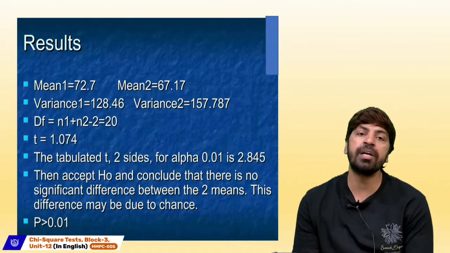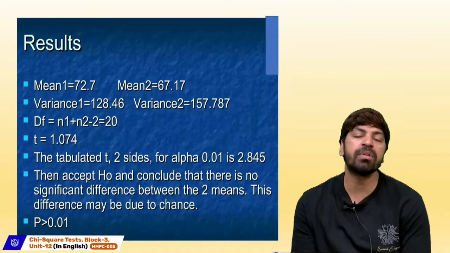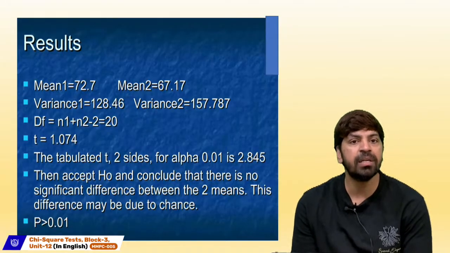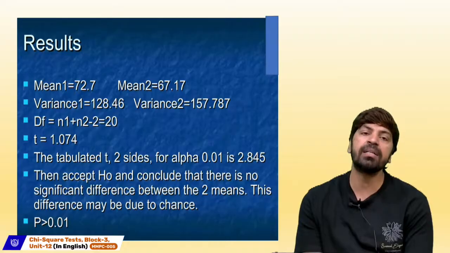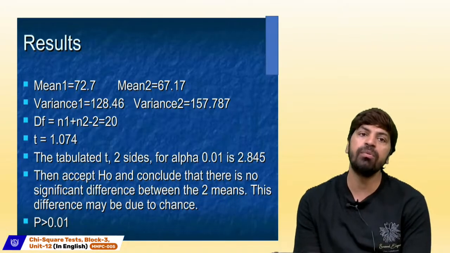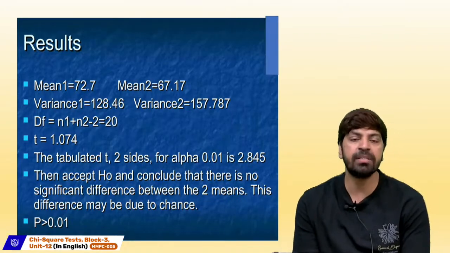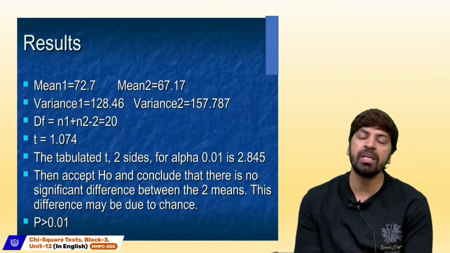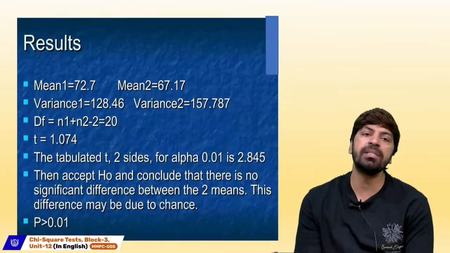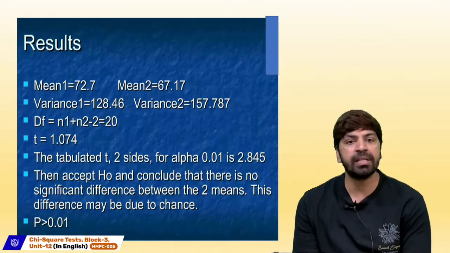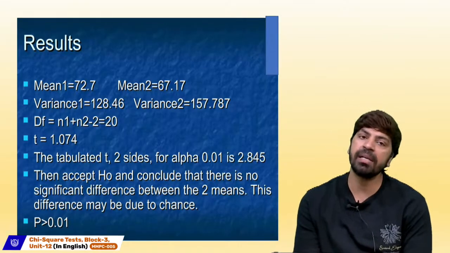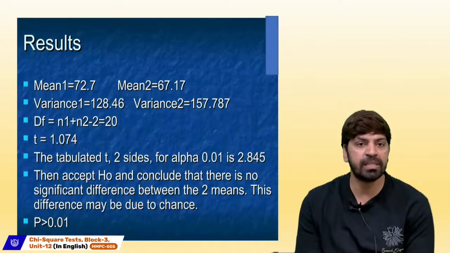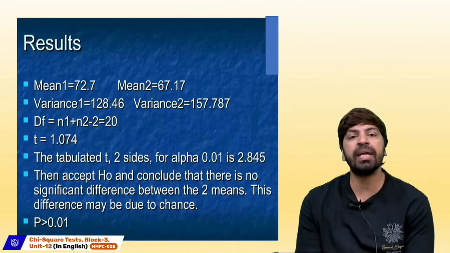Of course there are two independent groups, so the degree of freedom is n1 plus n2 minus 2, that is 10 plus 12 minus 2, which is equal to 20.